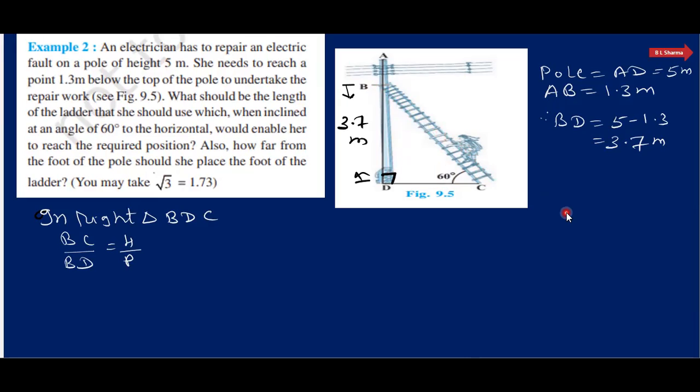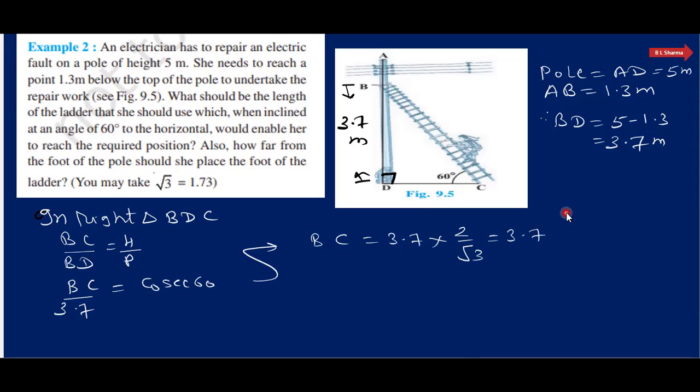Hypotenuse upon perpendicular is sec theta here. So BC we have to calculate. BD is 3.7 meter and that is cosec 60 degree. So BC is 3.7 into cosec 60, and the value of cosec 60 is 2 upon root 3.